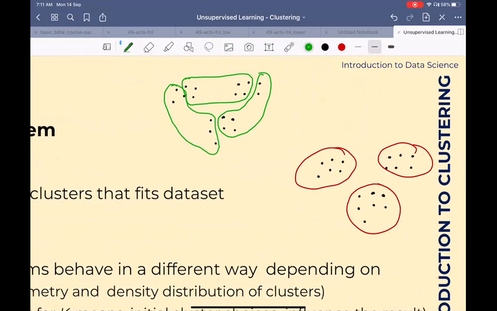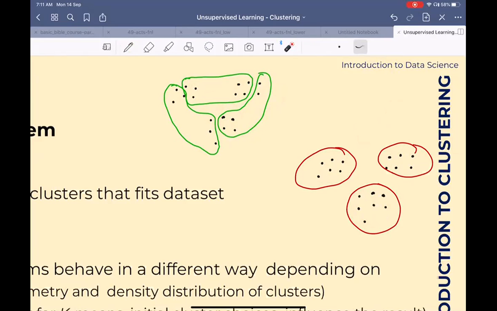A very interesting point you're saying is the distance between the points of a cluster. If I look at the net distance across these points, and if I look at net distance across these points, I can say that here in this case, this distance is more and this distance is less. And that is one hint in which we know that this is a better cluster than this one, right? Excellent observation. Any other observations?